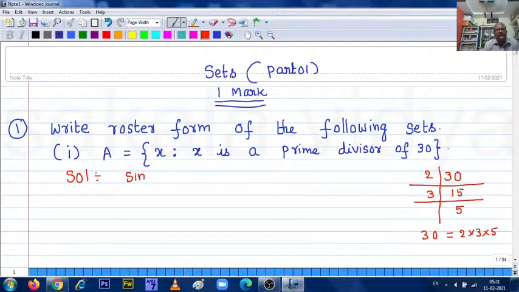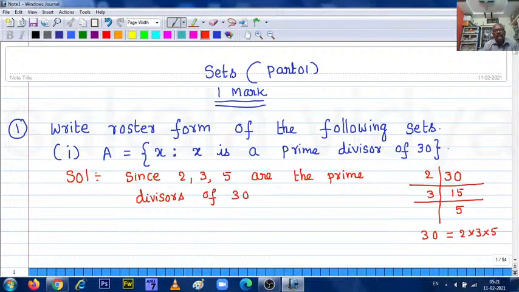Now the solution, write down. Since 2 comma 3 comma 5 are the prime divisors, or factors also we can say, of 30, these are the elements of this set. 2, 3, 5, 3 elements are there.